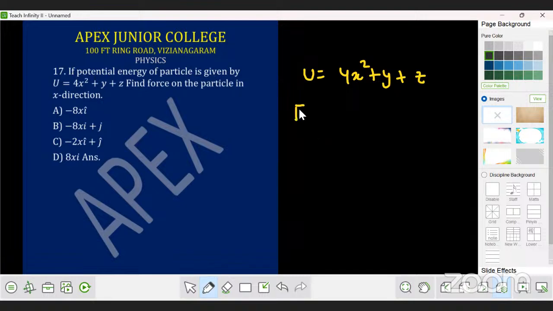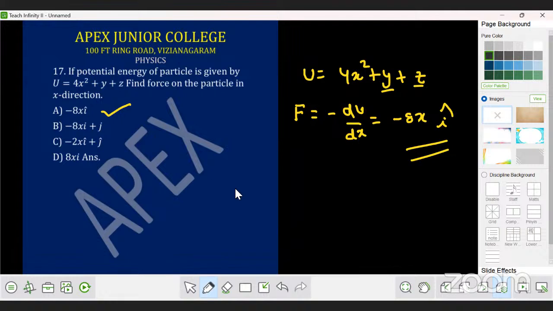What is the relation between force and potential energy? Force is nothing but minus dU by dr. But here they are asking only about the x-axis, na? So dU by dx. If I take the derivative with respect to x, how much will it be? Minus 8x. Only the partial derivative with respect to x you have to consider here. For y and z, it becomes 0. So minus 8x i cap is the answer. So the first option will be the correct answer.